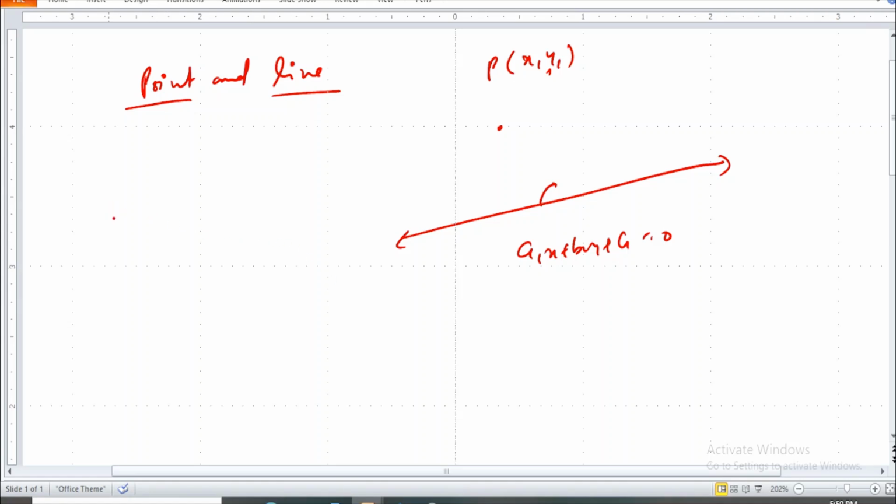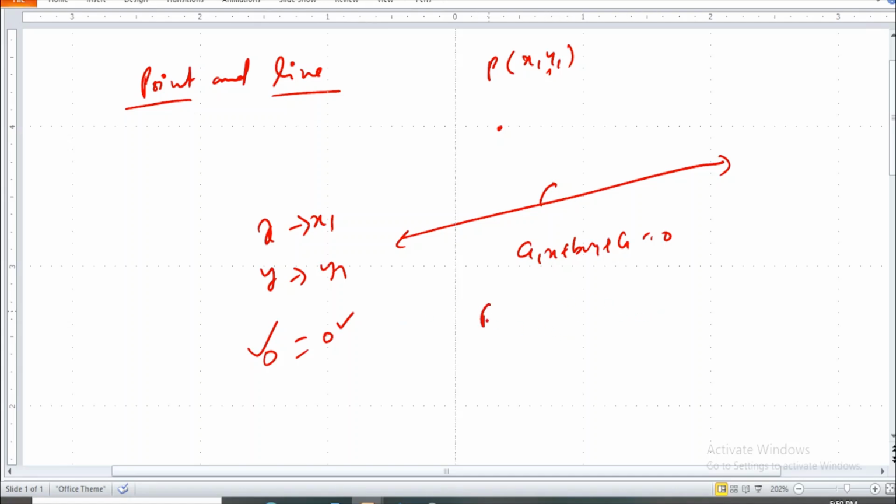Means when we replace x with x1 and y with y1, we will get the answer 0. Means LHS equal to 0 and RHS equal to 0, right?